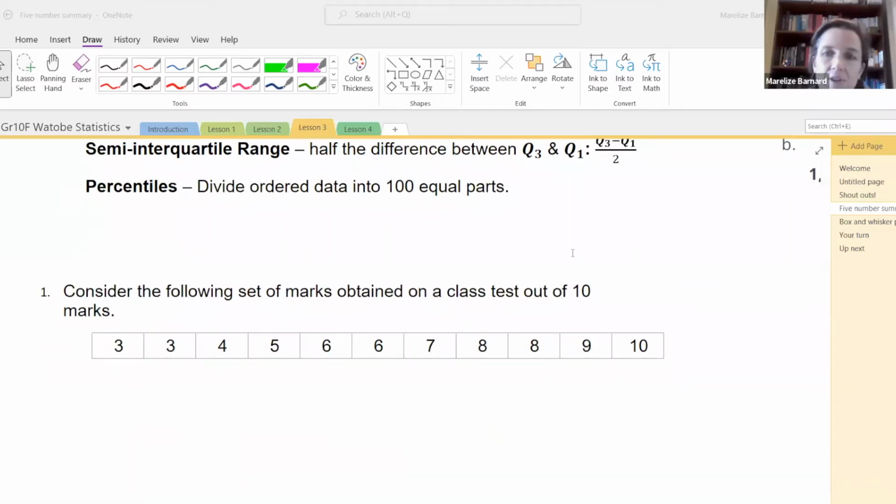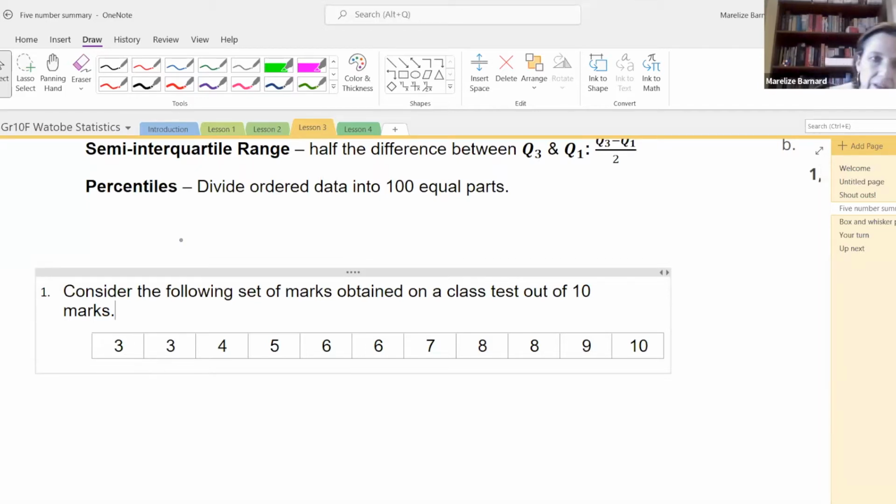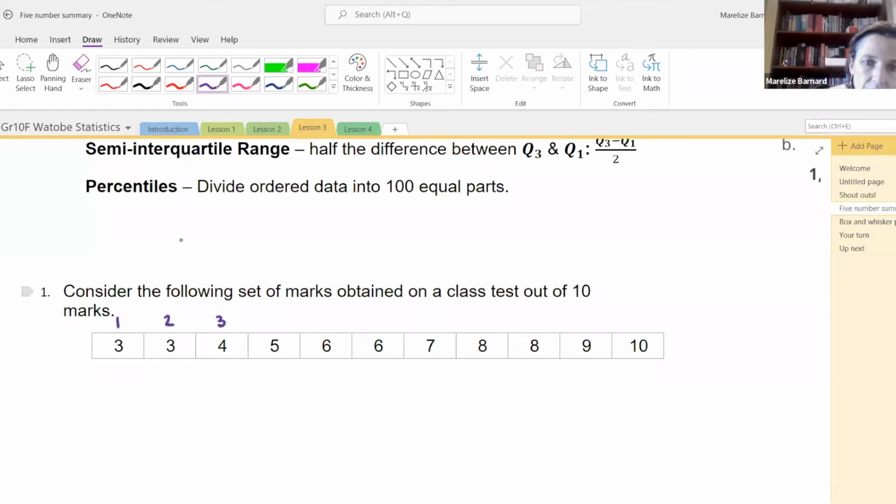So let's have a look at this data set. Consider the following set of marks obtained on a class test out of 10 marks. Let's number them: 1, 2, 3, 4, 5, 6, 7, 8, 9, 10, 11 data values.